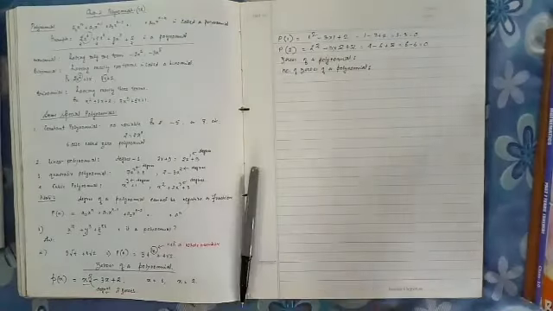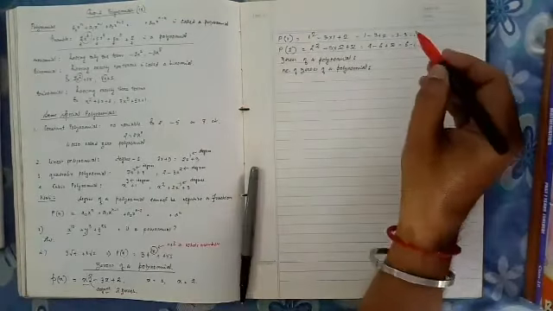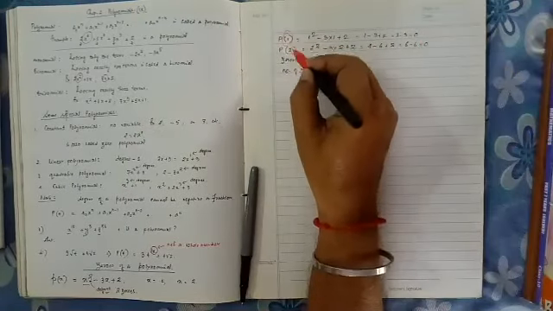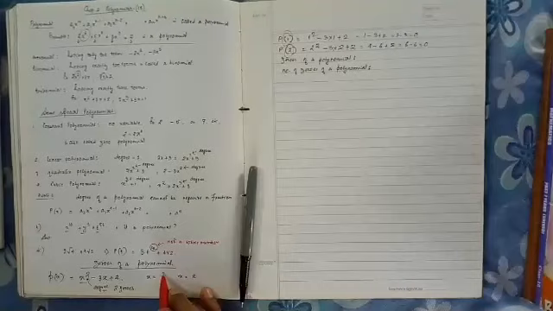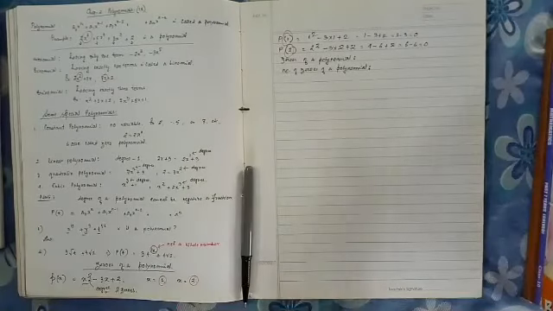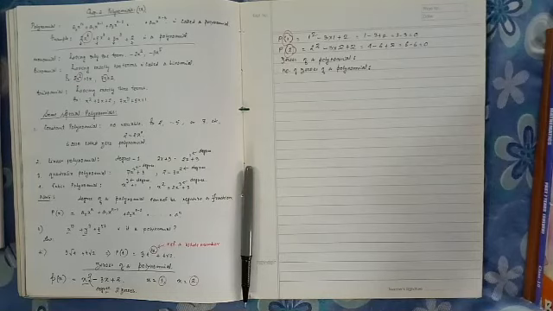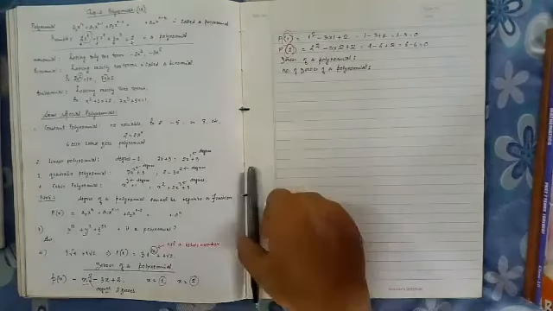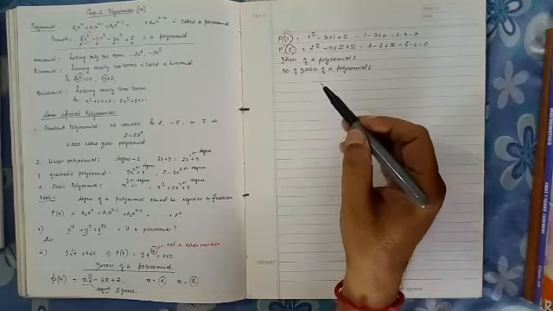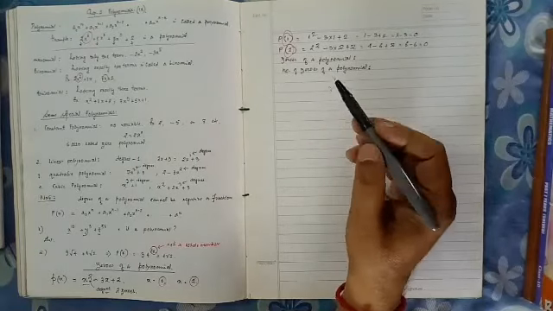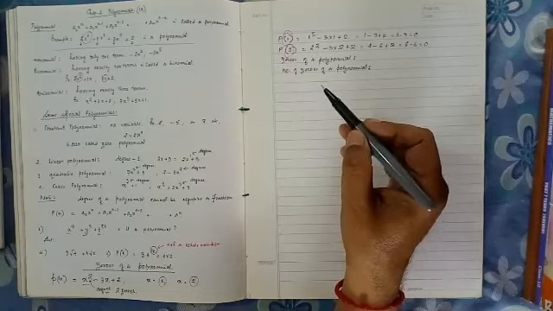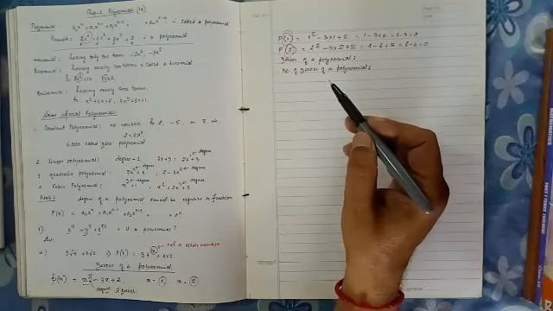Let us test what the zeros of the polynomial are: 1 and 2, because for x is equal to 1 and x is equal to 2, the polynomial becomes 0. So it has 2 zeros, which is equal to the degree of the polynomial. Clear? So we come to know the meaning of zeros of a polynomial, and the maximum number of zeros a polynomial can have.